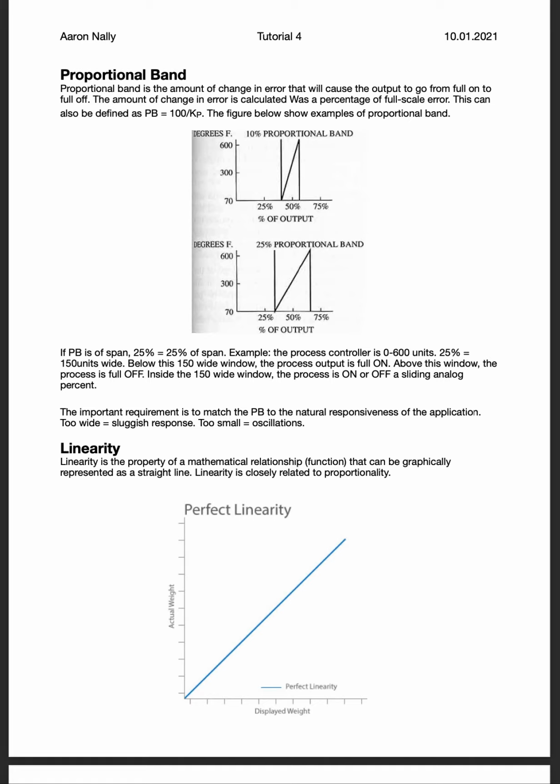Above the window, the process is full off. Inside the 150 units wide window, the process is on or off at a sliding analog percent. So as we can see from the bottom picture above, we have a 25% band, so it's off below and it's on above.